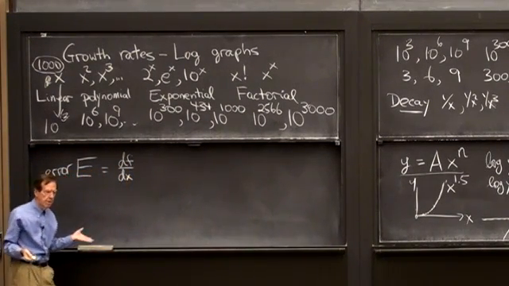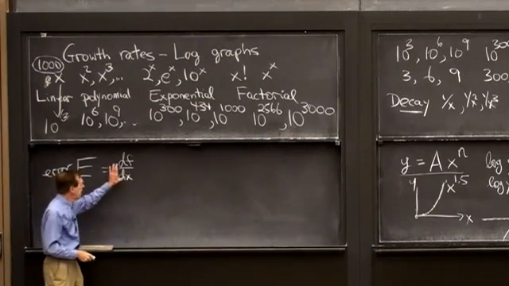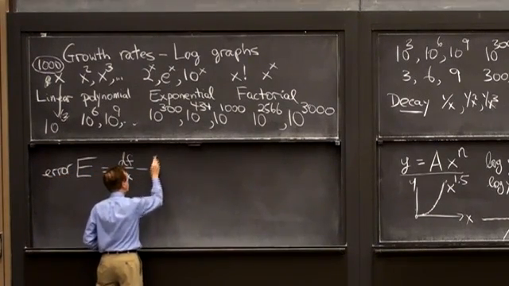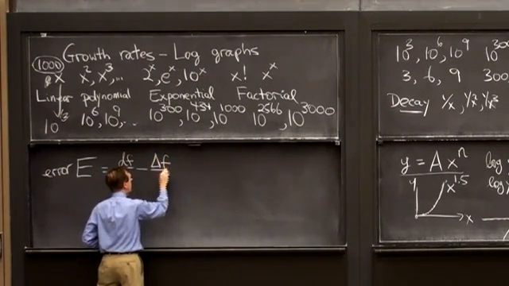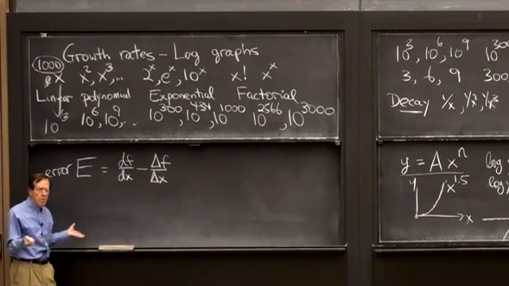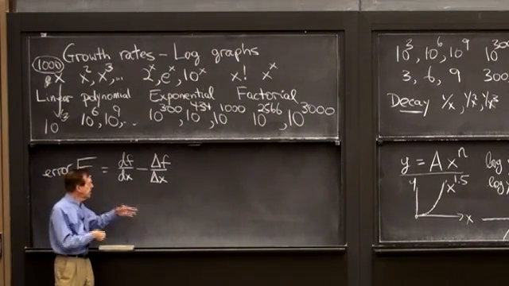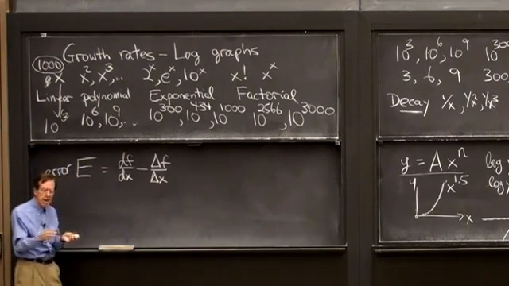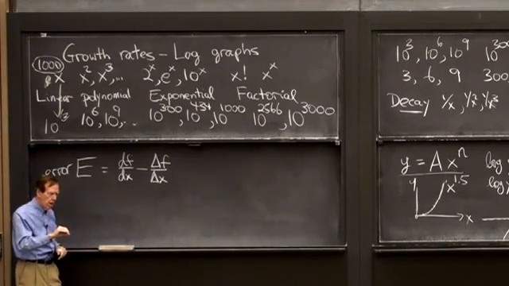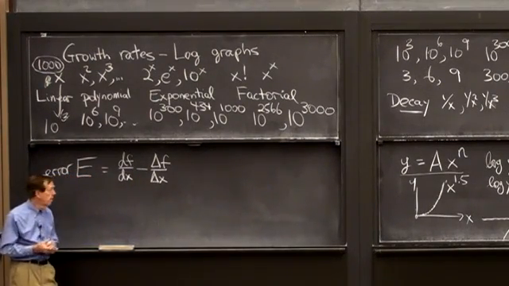I have some function, f of x, and there's its derivative. And I compare that with delta f over delta x. So what do I know? I know that as this is a function of delta x, I'm comparing the instant slope versus the average slope over a distance delta x.